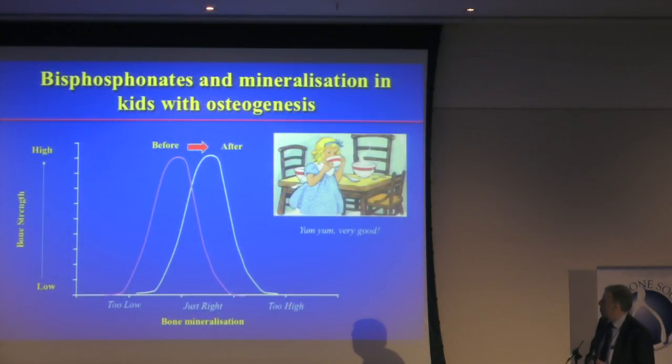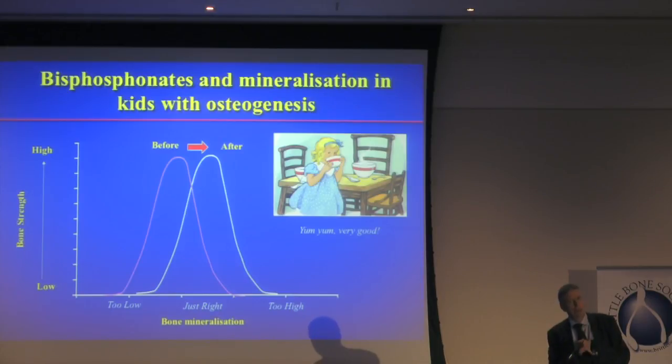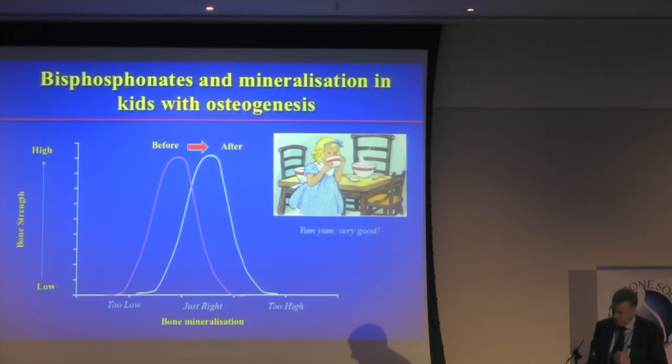So probably what they do in kids is that when the skeleton is growing, the mineralization tends to be on the low side because the bones are slightly under-mineralized, if you like. And bisphosphonates probably move the curve to the right and things are just right. So there's Goldilocks. Bisphosphonates in your kid, yum yum, very good. That's probably shifted your mineralization the right way.